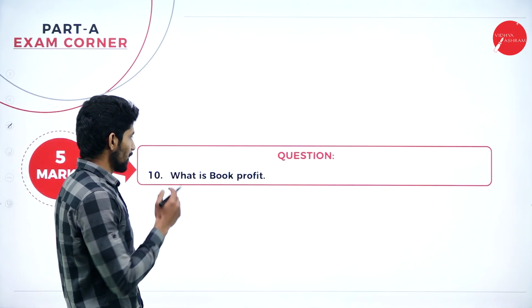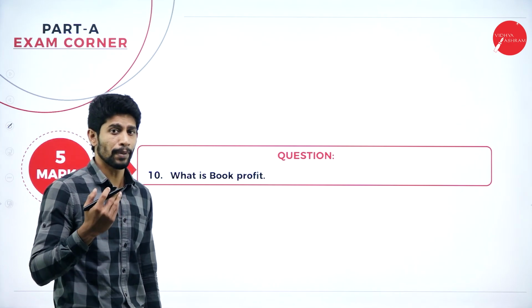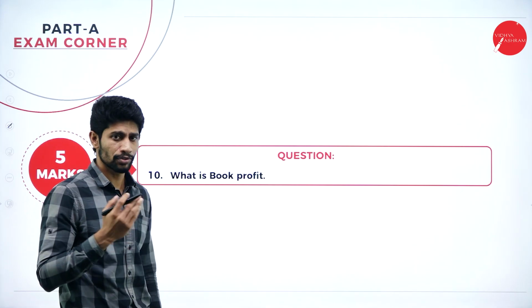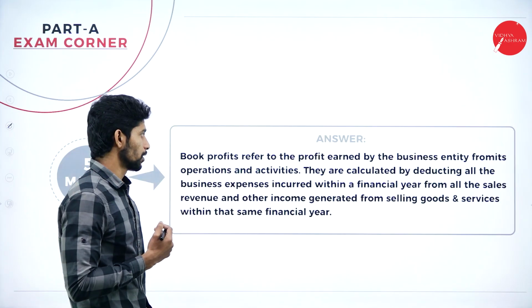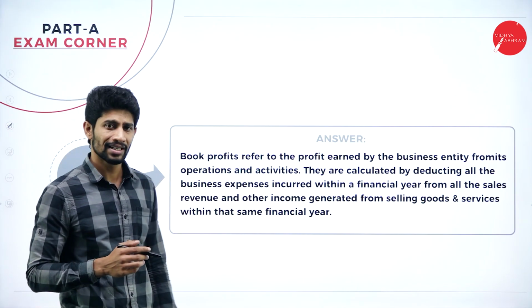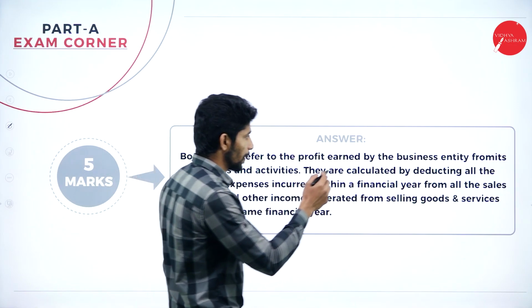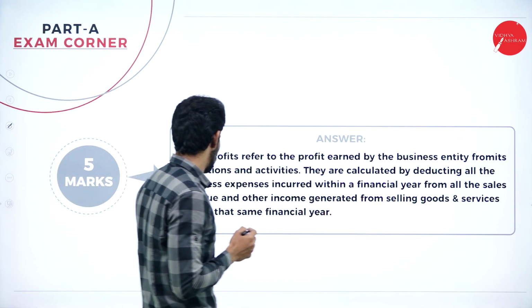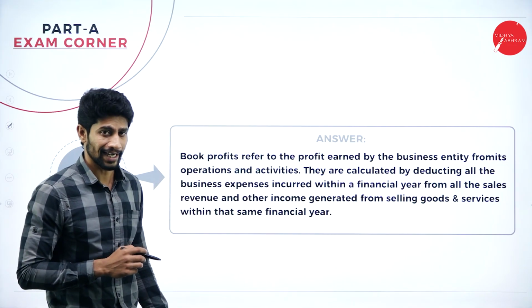Next, they might ask you to write or explain about book profit. So what is book profit? Book profit refers to the profit earned by the business entity from its operations and activities.